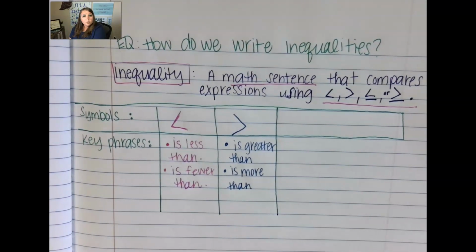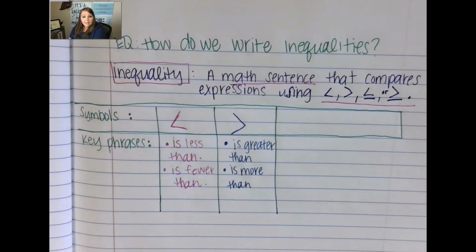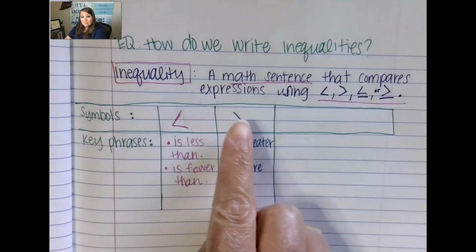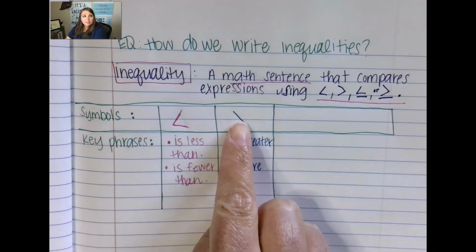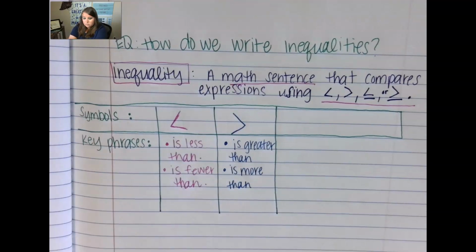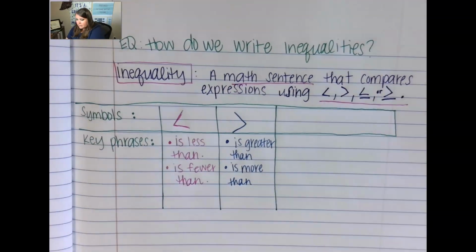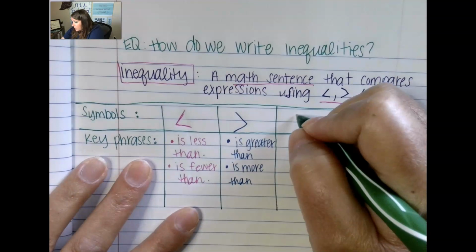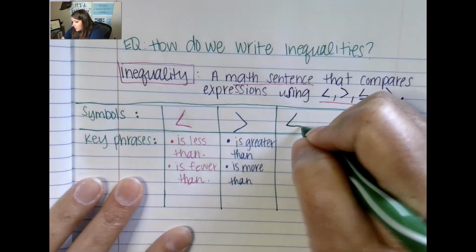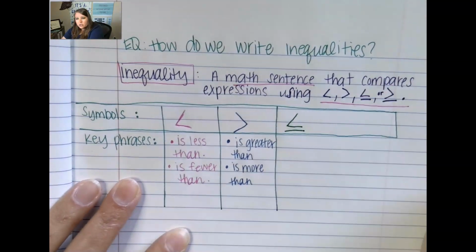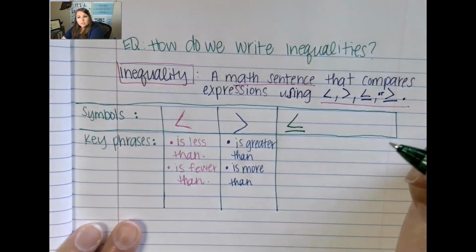Okay, now we have two more symbols that we're going to look at, and these two symbols are the same thing, except they have a line underneath them. So the first one I want to look at would be this one. This one is a less than sign with a line underneath it. So it's two symbols.